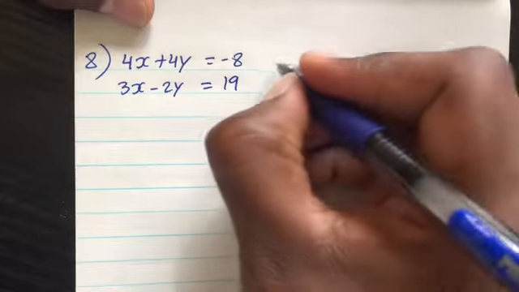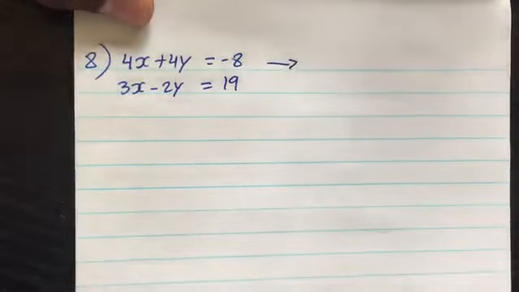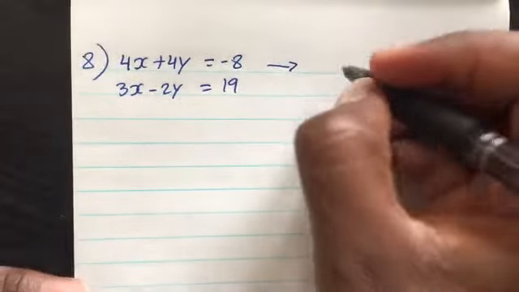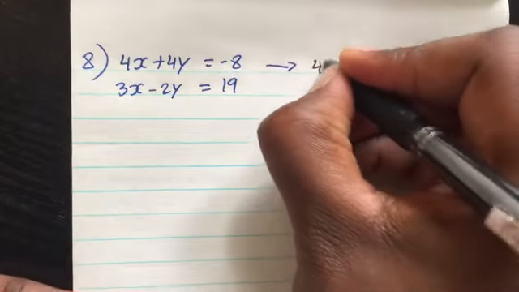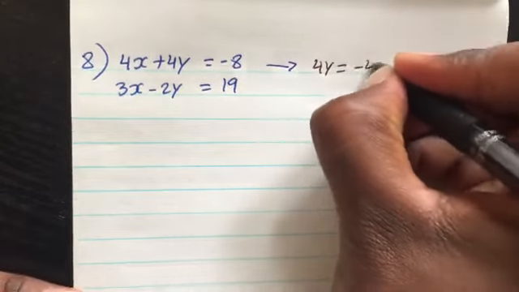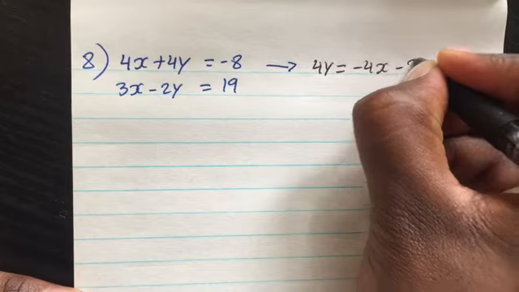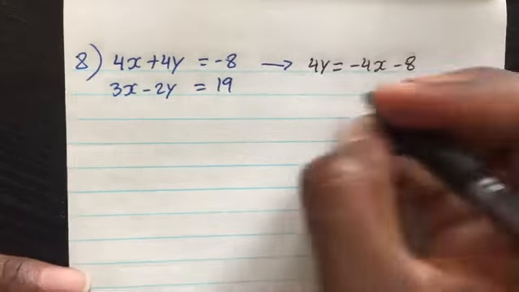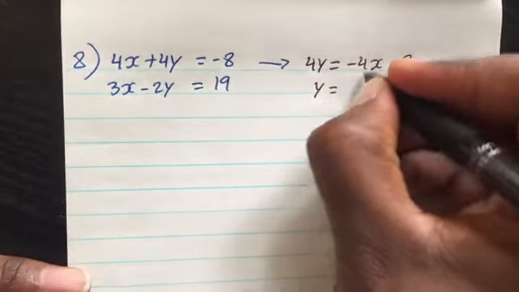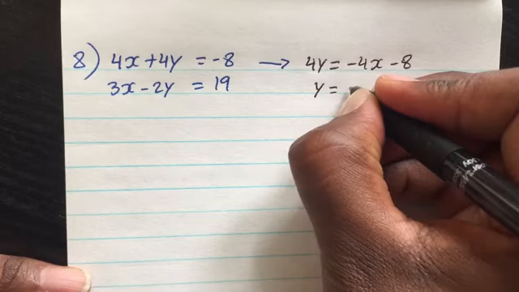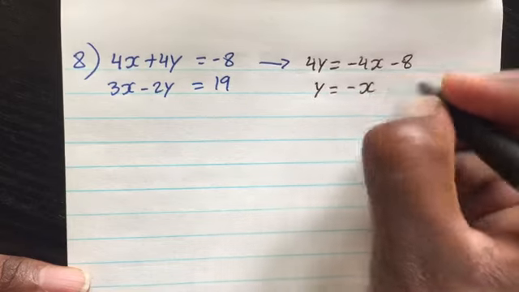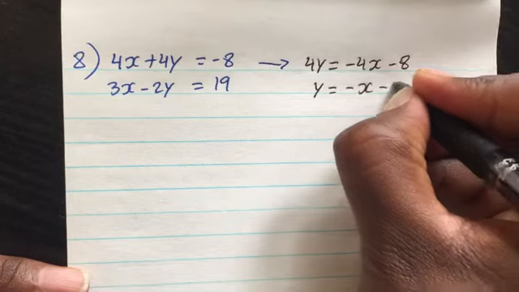So I'll just go to the first equation and let's solve for y in this case. So that means 4y is going to be equal to negative 4x minus 8. Divide by 4, you get y equals negative x, and this would be minus 2.